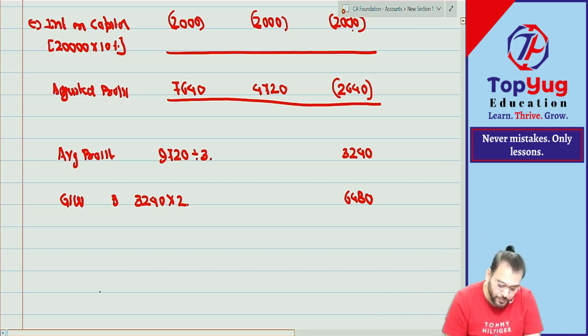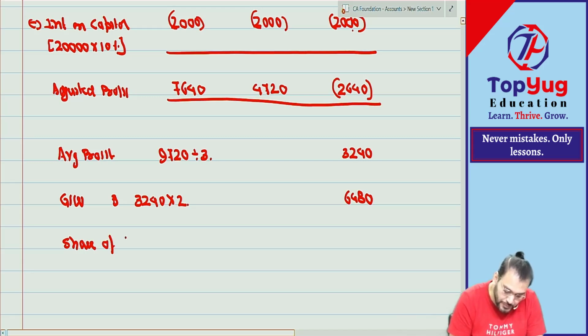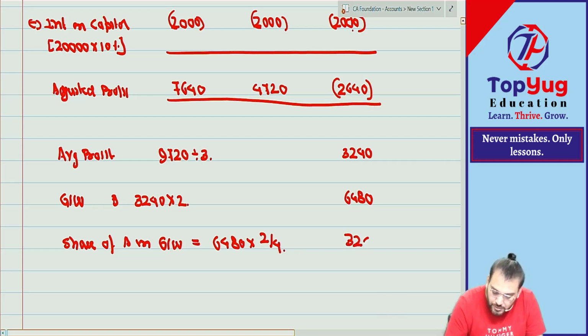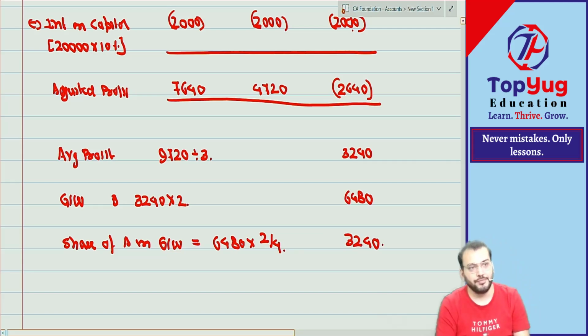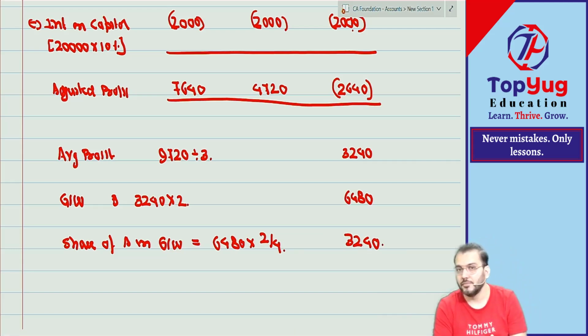What is the share of A in goodwill? How much is his share? This 6,480 into 2 by 4. How much is it coming? 3,240. Correct. Understood.